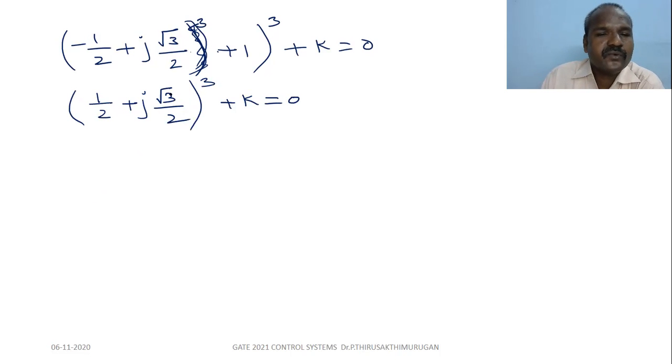Understand? So you know that (a plus b) whole cube equal to a cube plus 3a square b plus 3ab square plus b cube. So use this relation here. So what do you get?